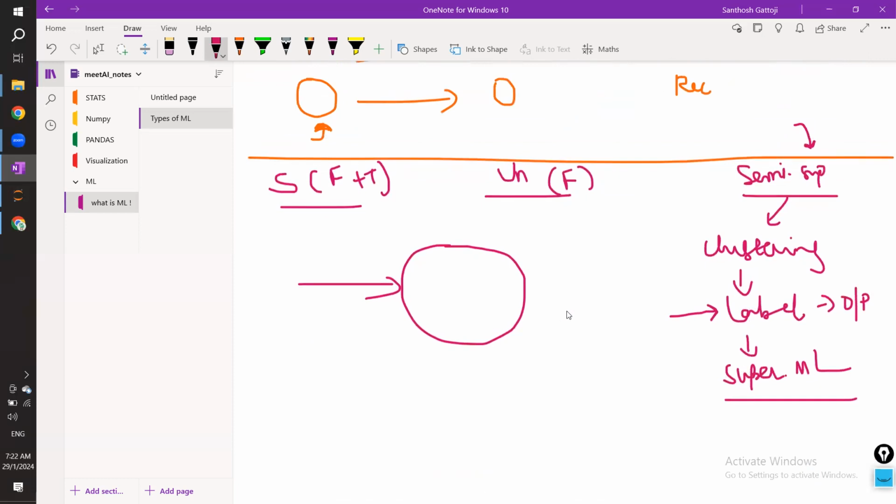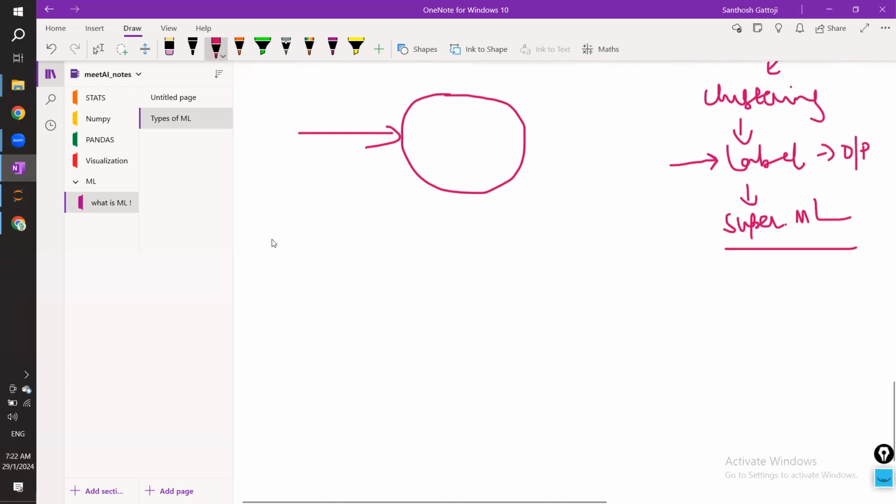From my practical experience, in one of the projects we have used this, because that was related to textual data, where you are working on text. Initially we didn't have the corresponding labels for it.